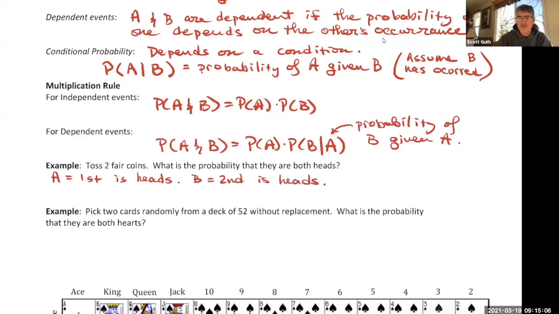Are they independent or dependent? Does the probability of B depend on whether A happened or not? No. So yeah, these are independent events.